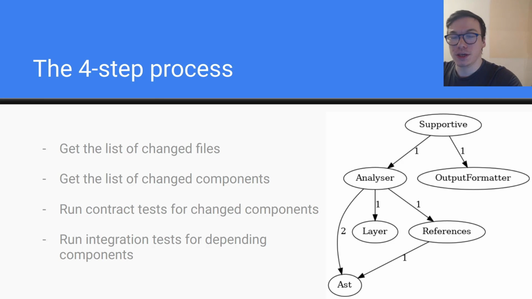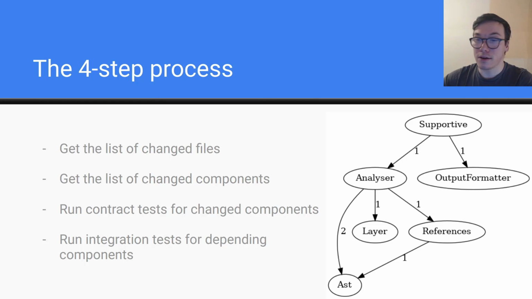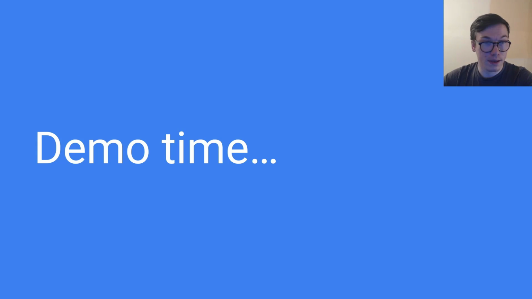So it would be useful for me to be extra thorough and run integration tests for analyzer and supportive as well. And this is just covering me if my contract tests are not up to snuff, right? If they are not perfect, then I can cover some cases that the contract tests are not covering with the integration tests. And yeah, that's basically it.